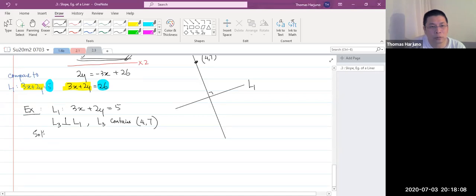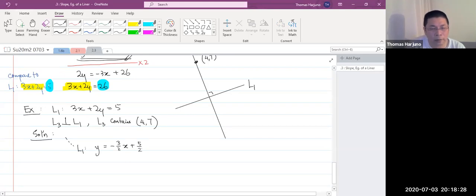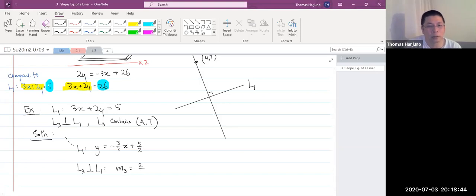Solution. Known from above, our line 1 was modified to be y equals -3/2 x plus 5/2. I'm sorry, 5/2, not 5/3. Now, because line 3 is perpendicular to line 1, the slope of line 3 must be the negative reciprocal. Maybe I'll slow down a little bit.